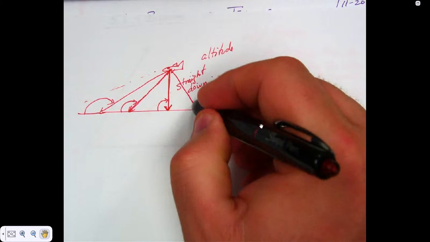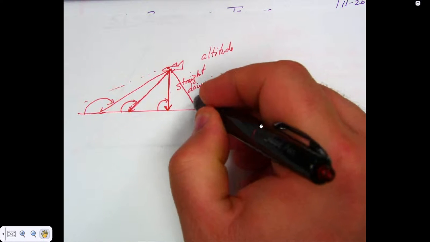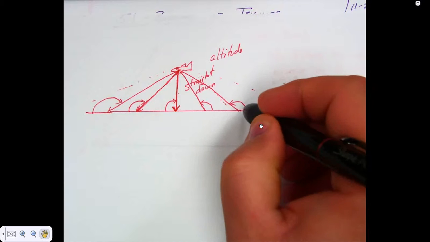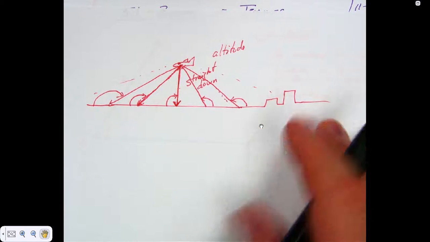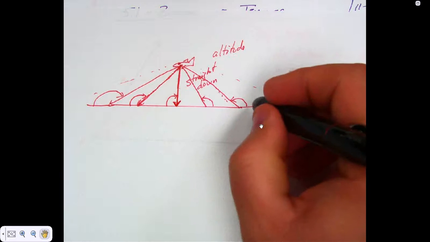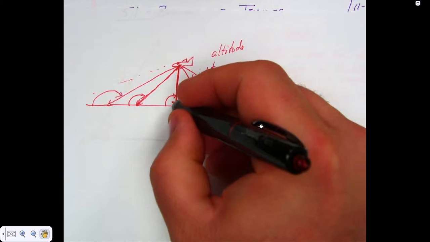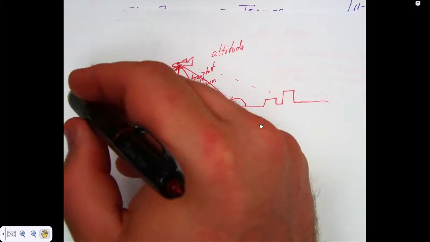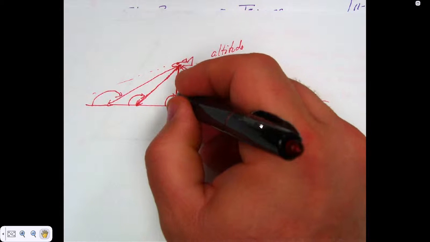And as I go out to here, what happens to this angle? It keeps getting wider, bigger. That angle keeps getting bigger. But at only one point, and then as you go in closer, it gets smaller, and then it starts getting bigger again. So what do you think straight down means again?